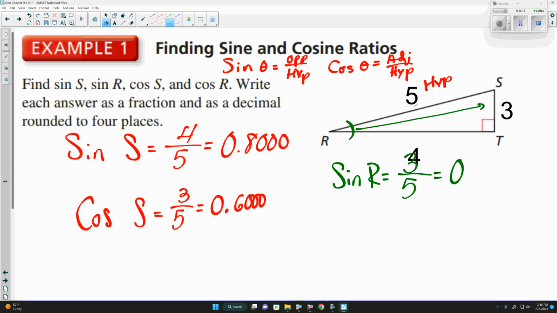So we get, as a decimal, 0.6000. So is it always going to be like that? Now cosine of R, the side that's next to it is the 4.